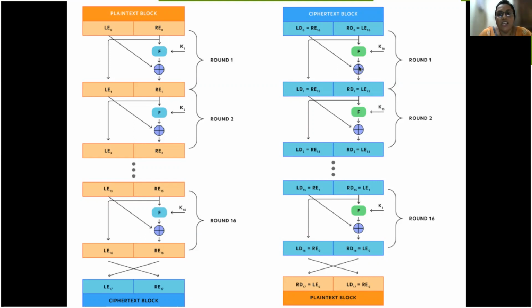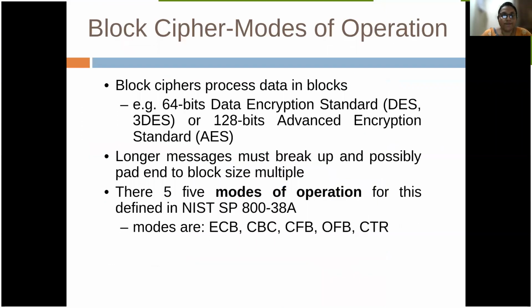So now we have got the previous LE15, and this is repeated. That is, whatever we did in the previous steps, we are reversing in the decryption step to get the plain text. Okay, so this is the structure that is going to be used for symmetric ciphers, which we will look at. DES is one of the symmetric ciphers that uses this Feistel structure.